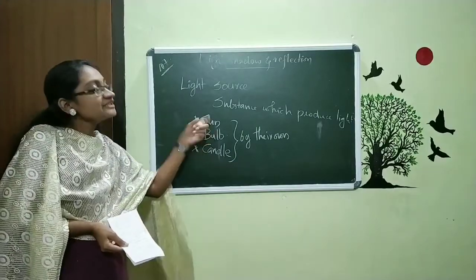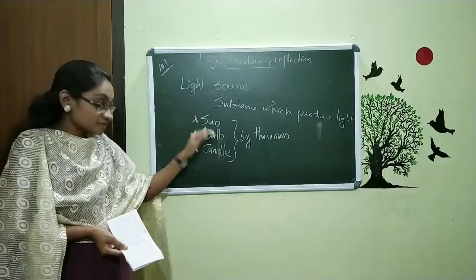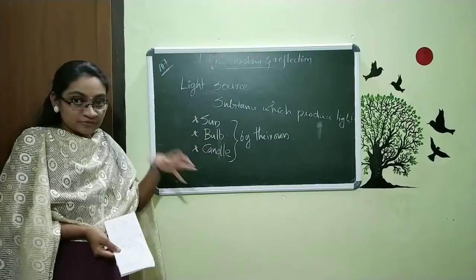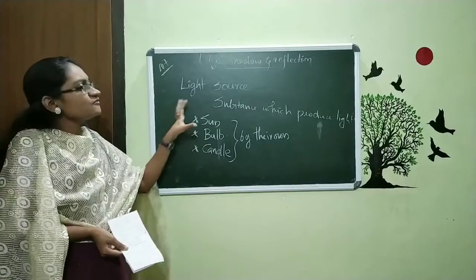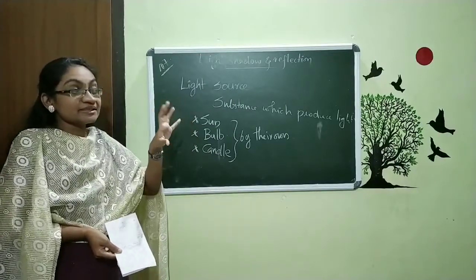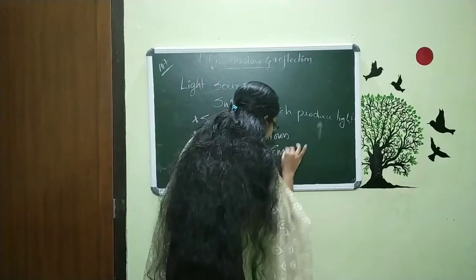So the sun is producing light by its own, this bulb is producing light by its own, and this candle is producing light by its own. Or we can say, in general for light we are not using the term producing, we can say it as emitting light.